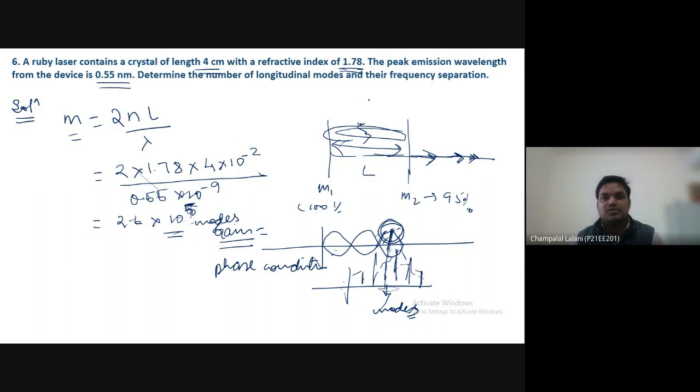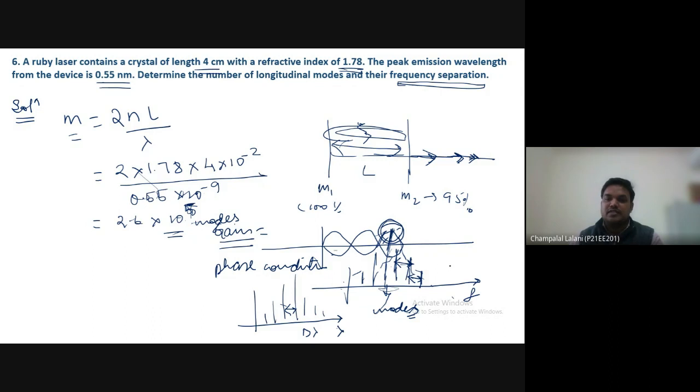The next part of this question is, what is the frequency separation? If this is the frequency axis, then what is the separation between these two modes? If it is a wavelength axis, lambda, the separation between any two modes is delta lambda.